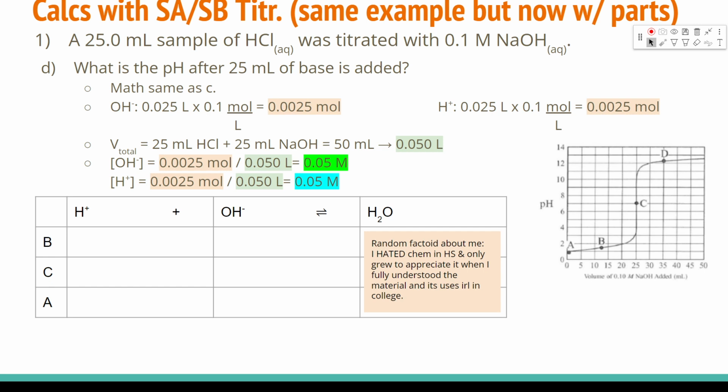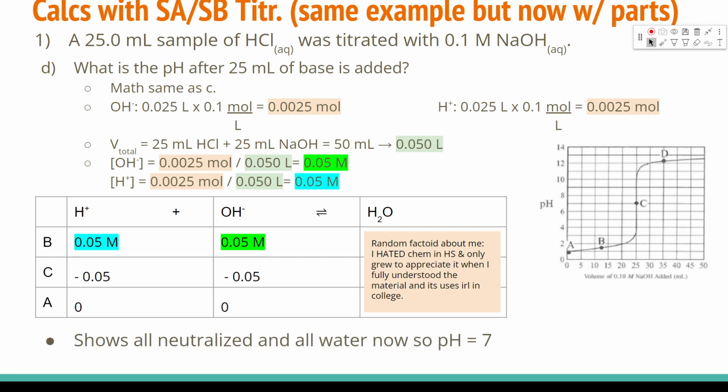So the befores are the ones we calculated already, and if you notice it's 1 to 1, and so that means I'm going to use exactly the amount that they both are, and then my after is 0. So pretty much it fully neutralized, and because I fully neutralize, all of it's water, and so my pH is now at 7.